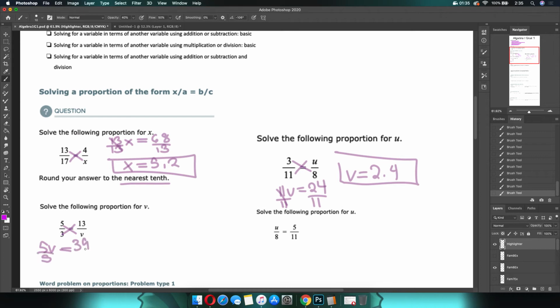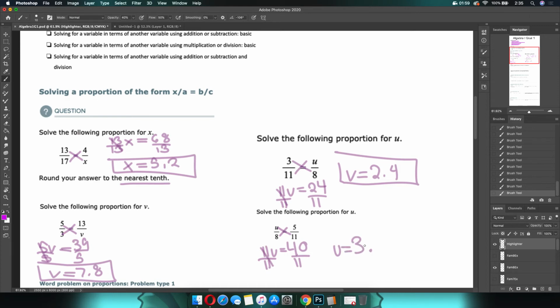Divide by 5. V equals 7.8. At least that one divides evenly. And then, let's see here, multiply. So 11u equals 4t. Divide by 11. U equals 3.